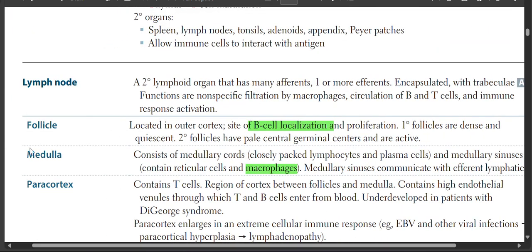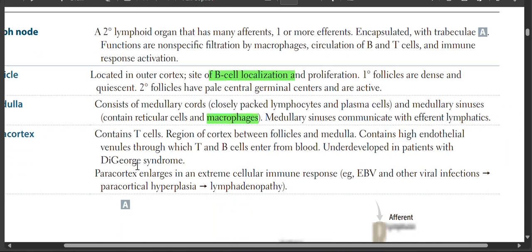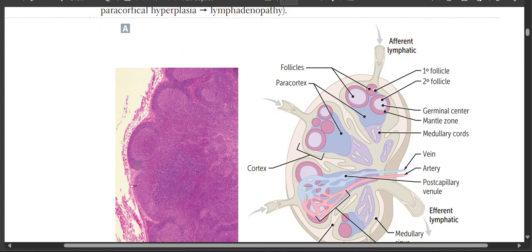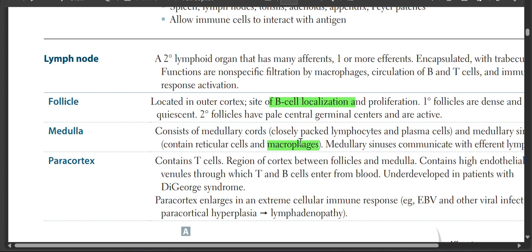With the medulla and macrophages, a lot of the clearing, a lot of the elimination of the RBCs, is done by these macrophages, which are in the medulla of the lymph nodes.